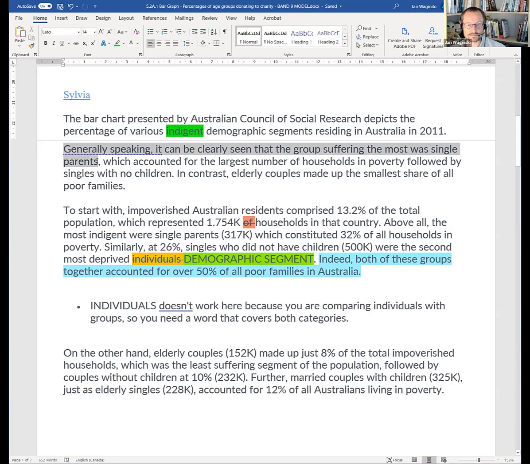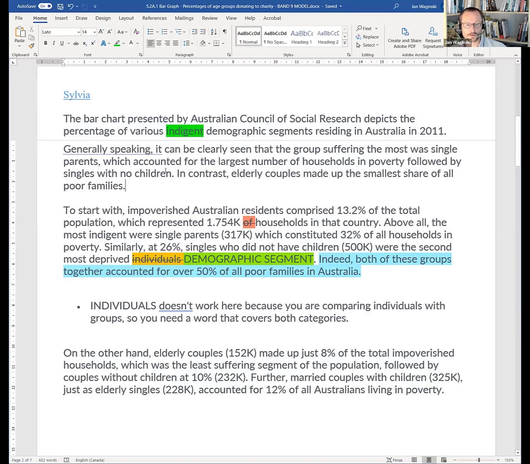Okay, so she's mentioning the most impoverished group, single parents. Okay, and she's mentioning the second highest group, singles with no children. In contrast, elderly couples made up the smallest share of all poor families. So we can expect that her body paragraphs will be organized in the same way.